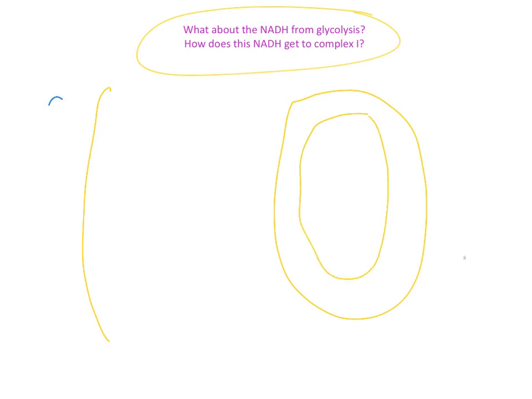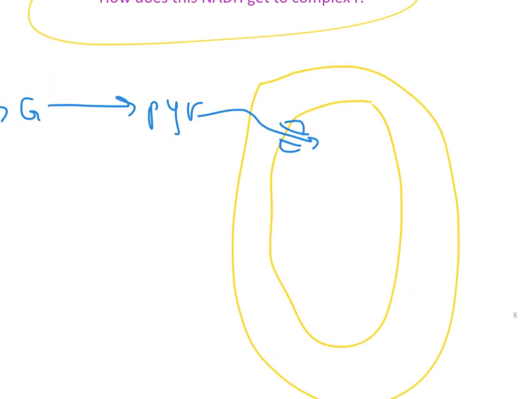Okay, glucose enters a cell. It is broken into 2 equal pieces, pyruvate. Pyruvate enters into the mitochondria.